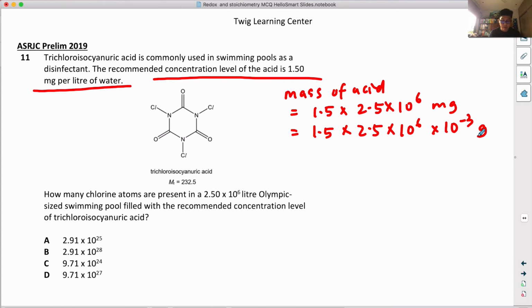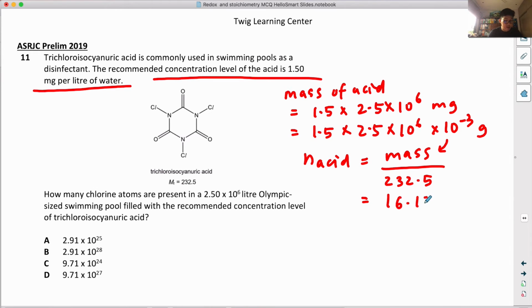Next, I'm going to find the number of moles of the acid. Moles of acid is equal to mass, which you can write down over here, divided by the Mr, which is 232.5. So this will give you a value of 16.129 moles. Now, what's the number of moles of molecules first, or the number of molecules.